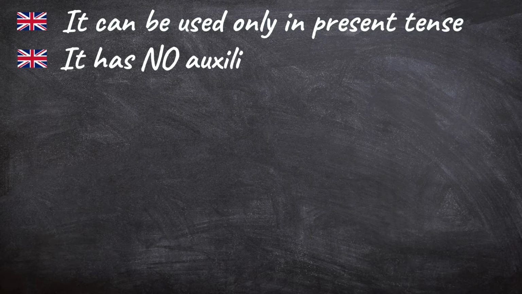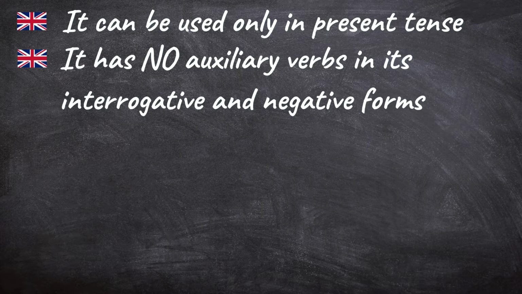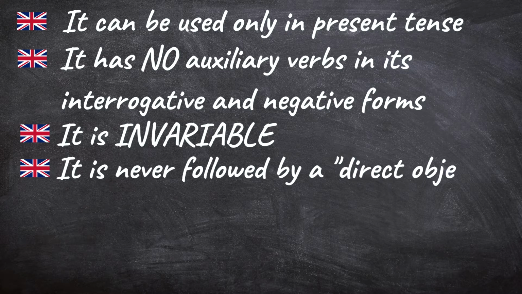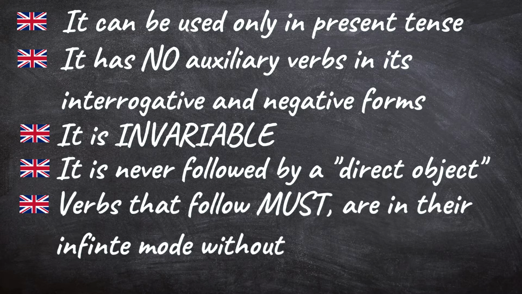It has no auxiliary verbs in its interrogative and negative forms, is invariable, it is never followed by a direct object. Last but not least, verbs that follow must are in their infinitive form without the particle to.